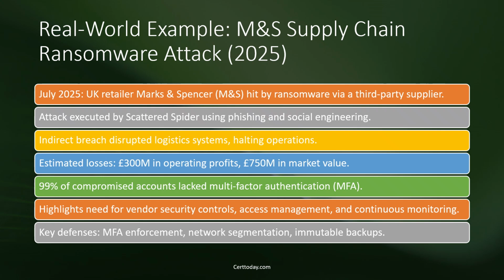The attackers did not breach M&S directly, but exploited vulnerabilities in a third-party supplier's systems using phishing and social engineering to gain access. This indirect compromise forced M&S to shut down key logistics systems, resulting in a loss of approximately 300 million in operating profits and 750 million in market value.